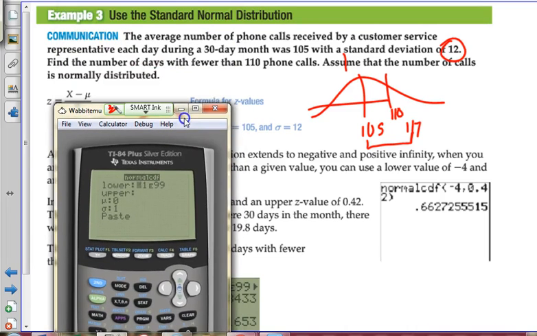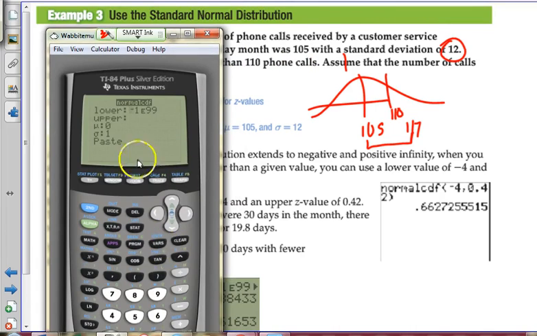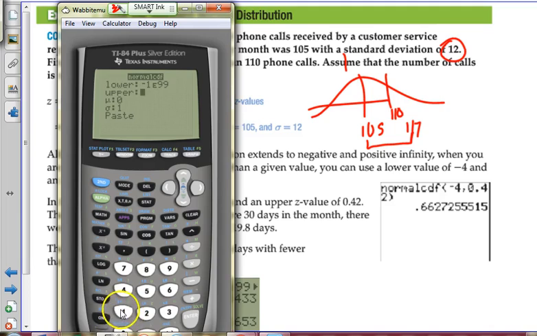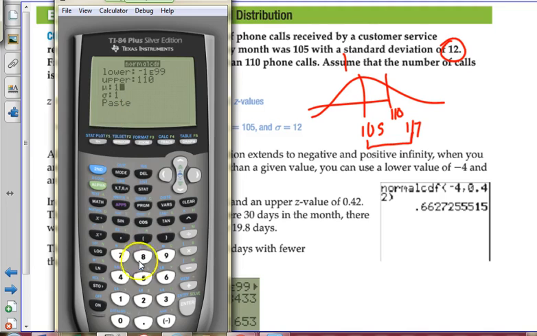Sorry, I have this in the way. You can't read the question. Fewer than 110 calls. So we want everything up to 110. So you can leave this default lower. If you had an older calculator, you could put 0. I don't care. And then we're going up to 110, where the mean was 105. And the standard deviation was 12.